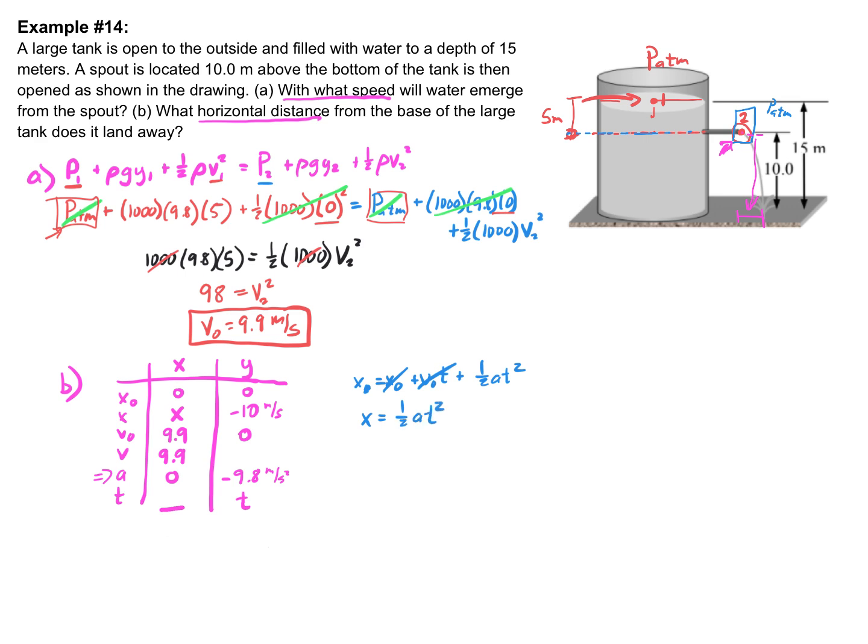I am doing the vertical information here because I want to solve for t. And so I can put in the negative 10 equals 1/2 times negative 9.8 times t squared. And now I can solve for t squared. And I get that t is equal to 1.43 seconds.